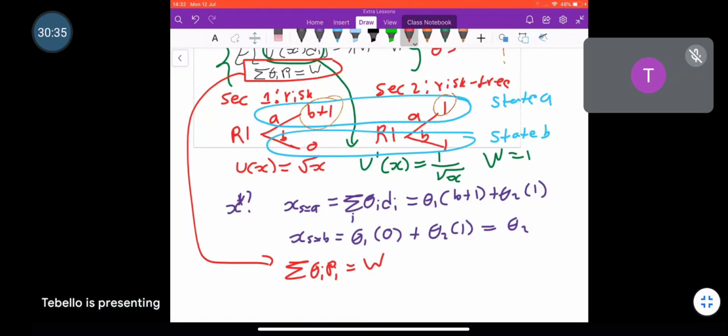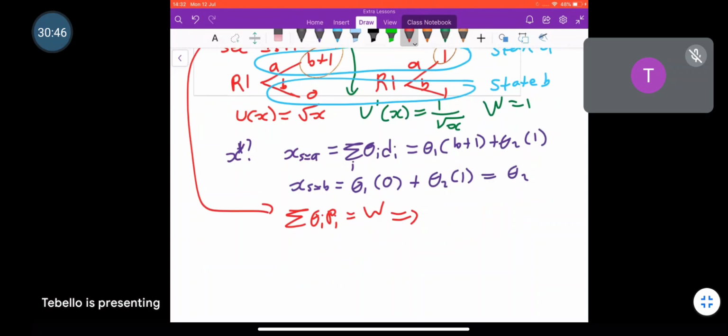So your wealth is equal to 1. So you have theta 1 for security 1, and the price for security 1 is 1.